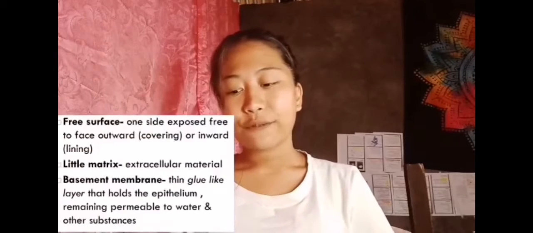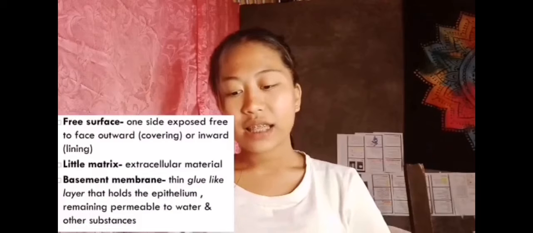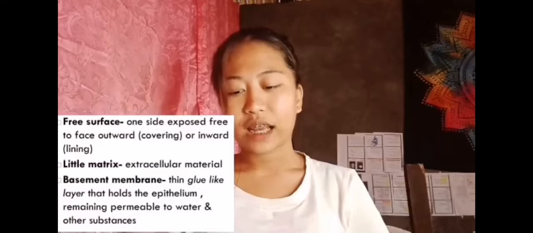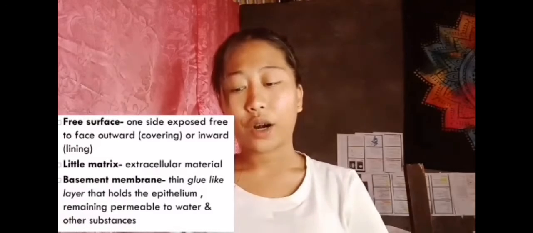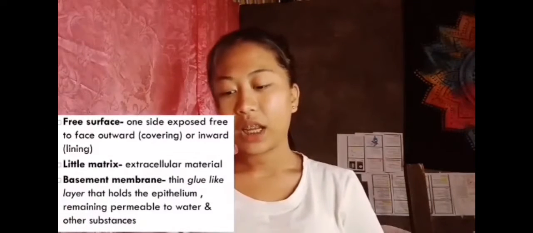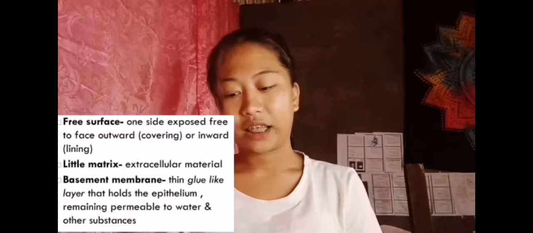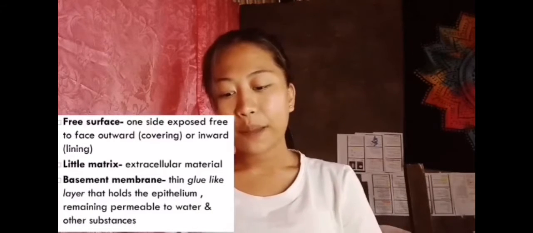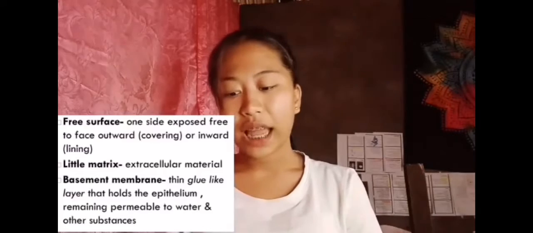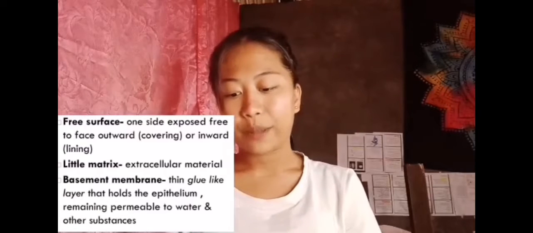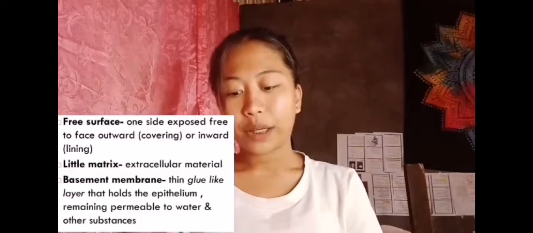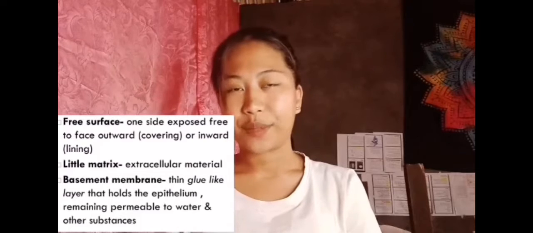I am going to tackle the characteristics of epithelial tissue. First, it has a free surface: one side is exposed, free to face outward as a covering or inward as a lining. Next is the extracellular material. The basement membrane is a thin, glue-like layer that holds the epithelium, remaining permeable to water and other substances.